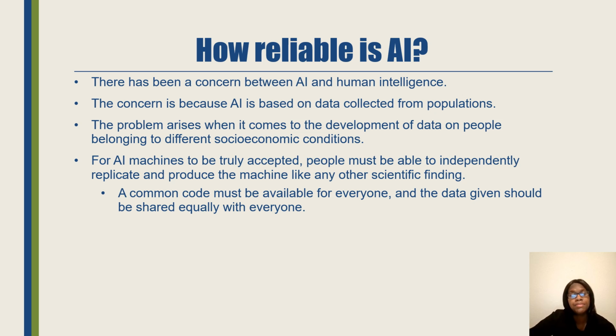So the problem with AI occurs whenever you have data on people belonging to different socioeconomic conditions. Gathering that information can determine whether it's accurate or not. So a common code must be available for everyone, and the data should be given and shared equally to everyone.